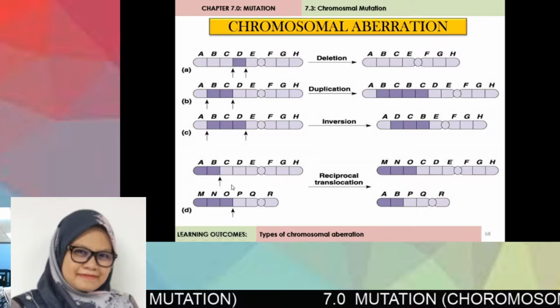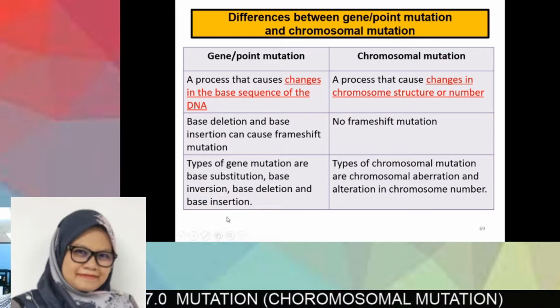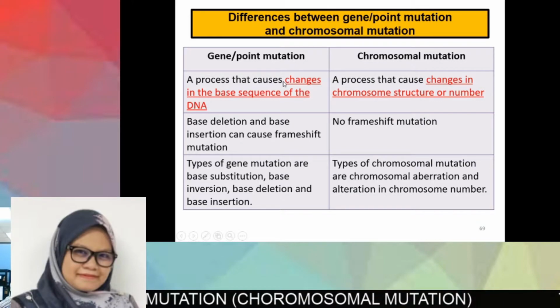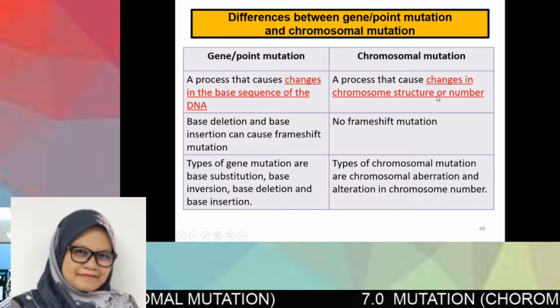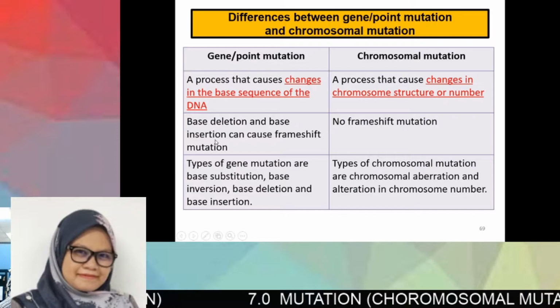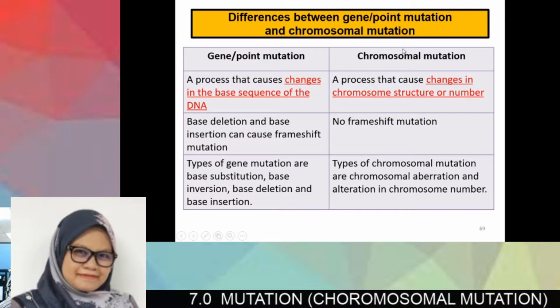So here is the difference between gene mutation and chromosomal mutation. Gene mutation involves a process that causes a change in the base sequence of DNA, but chromosomal mutation causes a change in the chromosome structure or number. For gene mutation, base deletion and base insertion can cause frame shift mutation, but in chromosomal mutation there is no frame shift mutation.